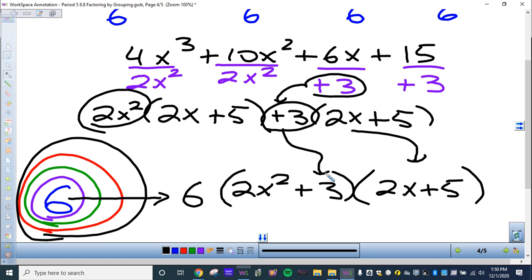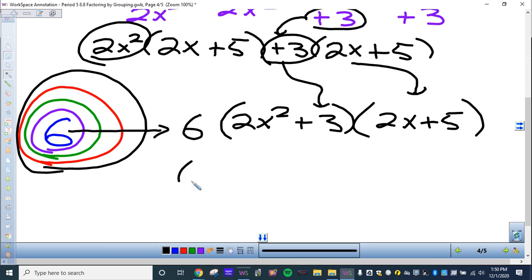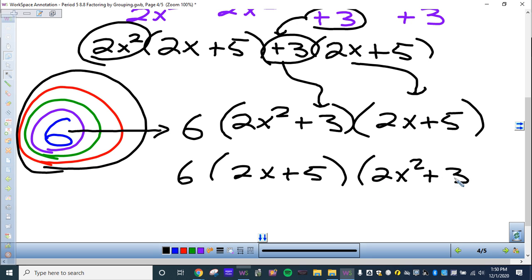I was thinking that was one of the 2x plus 5. I gotcha. And remember, you guys, you can also write it like this, totally fine. You always want to write the double parenthesis first and write what's left second. Doesn't matter. Either or is fine.